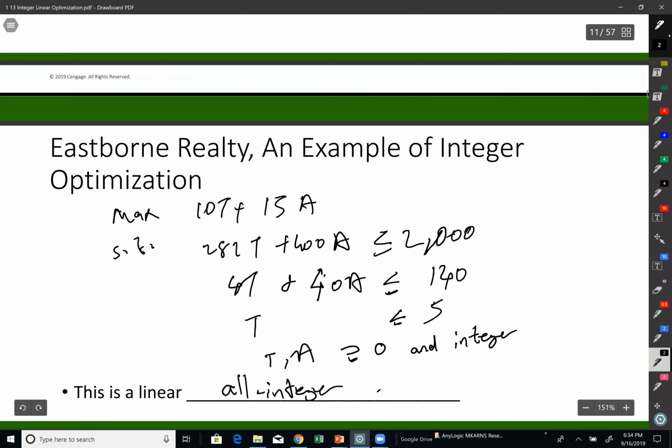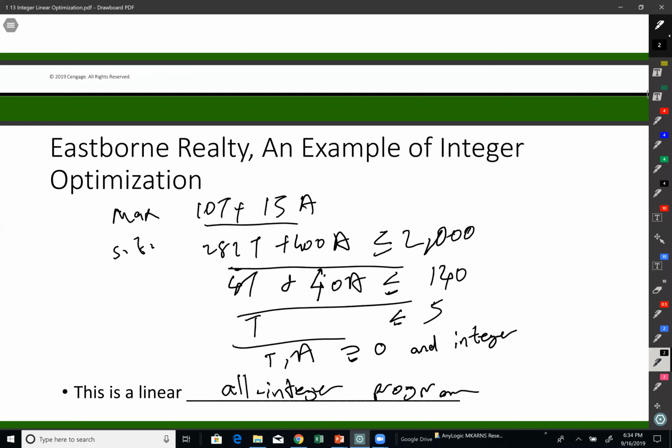As you see, the relationships here are linear functions. These are all linear functions. However, the values of those decision variables are integers.